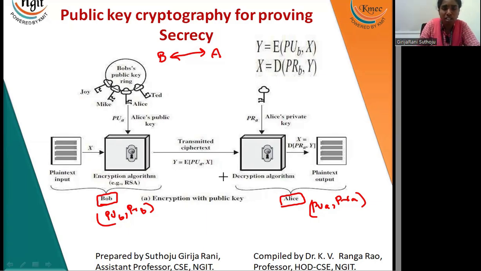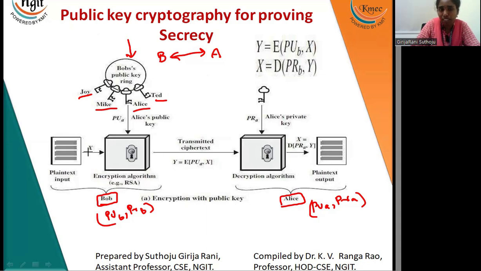Don't worry about it. Now, Bob, after authorizations and all, will be having his slot with Joy's public key, Mike's public key, Ellie's public key, Ted's public key. So this is a network of public keys which is available to Bob. Whomever Bob is about to communicate with, he will take that person's public key and encrypt the data.